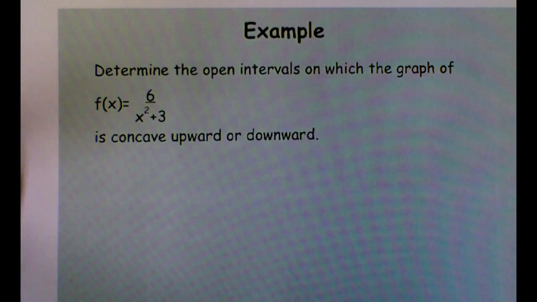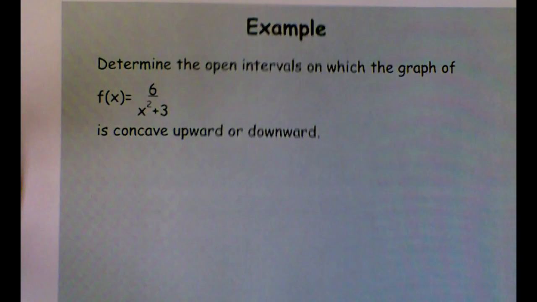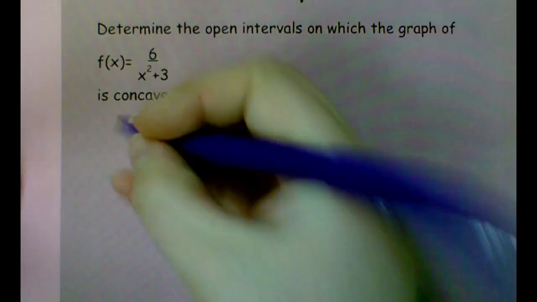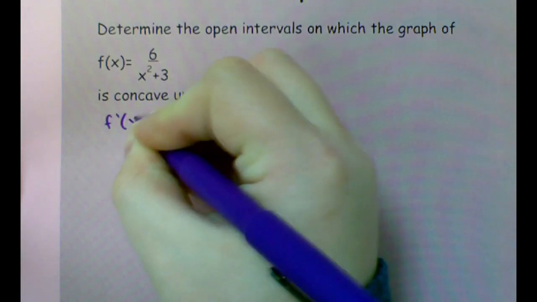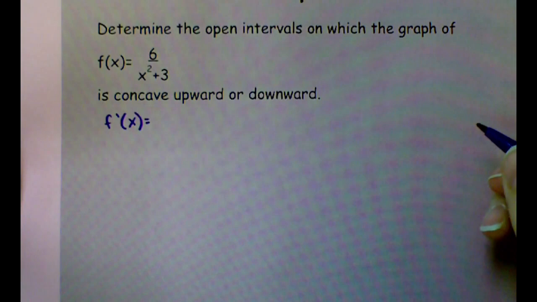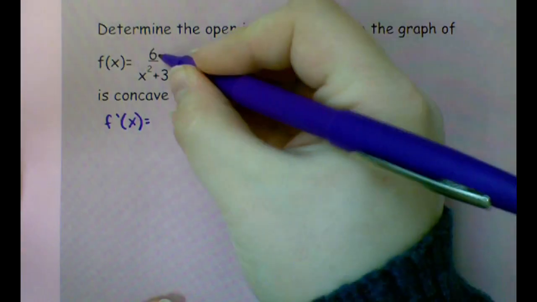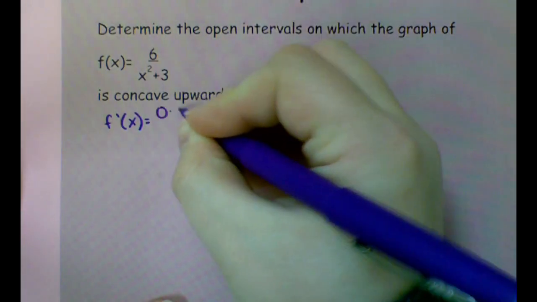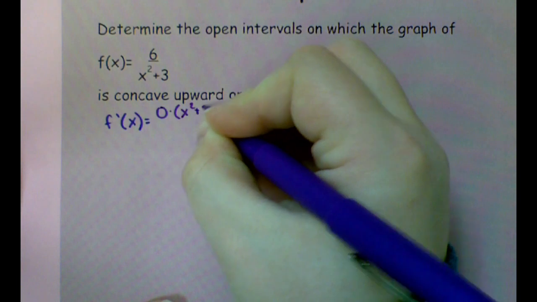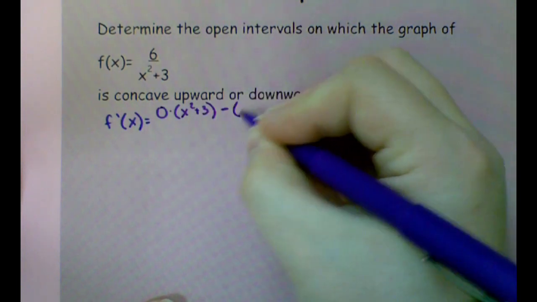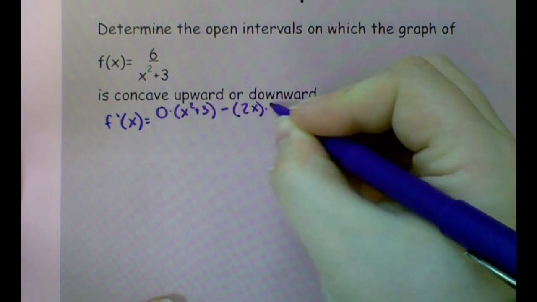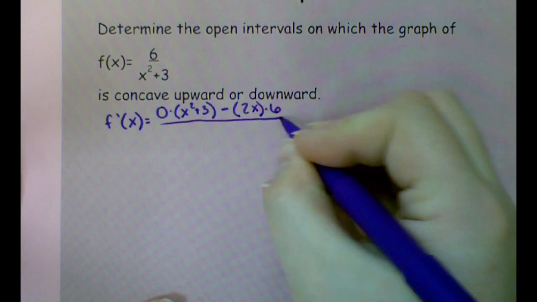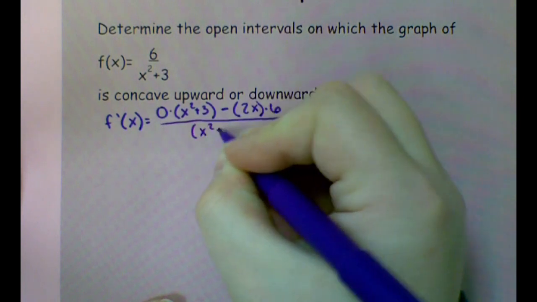So let's find the open intervals on which this graph is concave up and concave down. We need the second derivative. So to get the second derivative, we start with the first derivative. And to get this first derivative, I would use the quotient rule. Derivative of the top is 0 times the bottom unchanged, minus derivative of the bottom, which is 2x, times the top unchanged, all over the bottom squared.